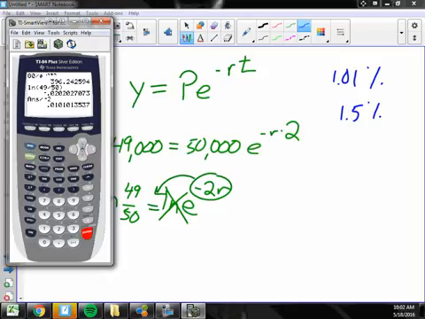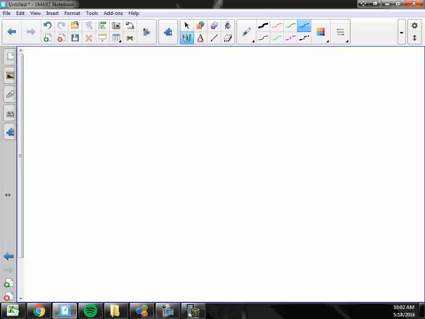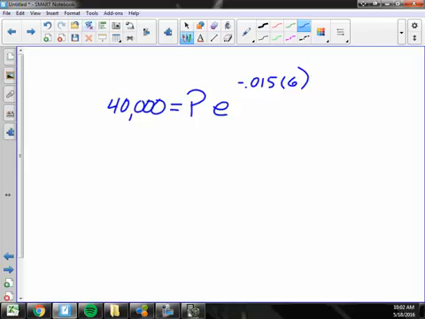Determine the initial value. So 40,000 equals P times e to the negative 0.015 times 6. How do we solve for P? Just divide by e to all of that.